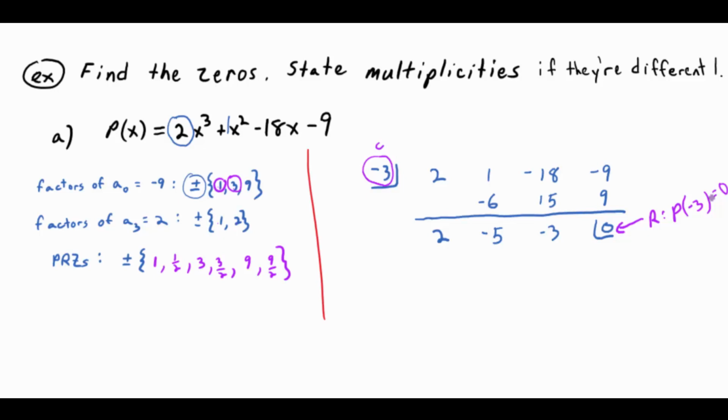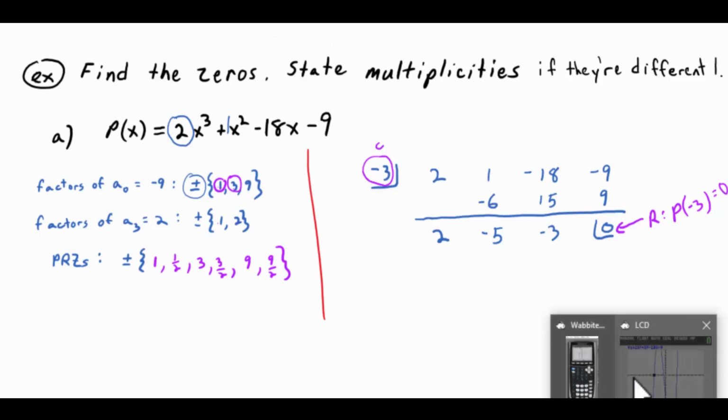That's a lot faster than plugging it in by hand and going 2 times -3 cubed plus -3 squared minus 18 times -3 minus 9. This is way faster, by 3 or 4 times, doing it with synthetic division. It's almost as fast as the calculator, when you're dealing with fairly nice numbers.